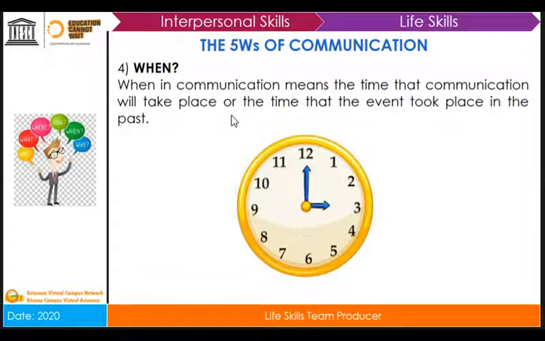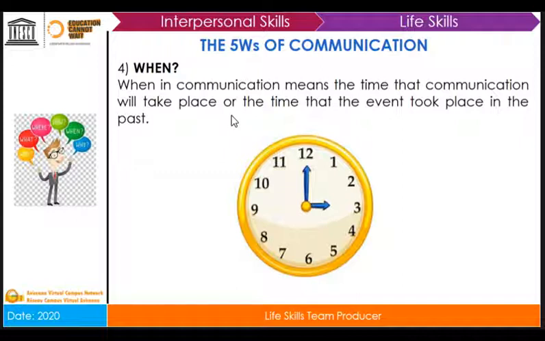For example, you have an upcoming birthday party and your friend seeks to find out the time the party will begin. So, your friend can ask you, when will the party begin?